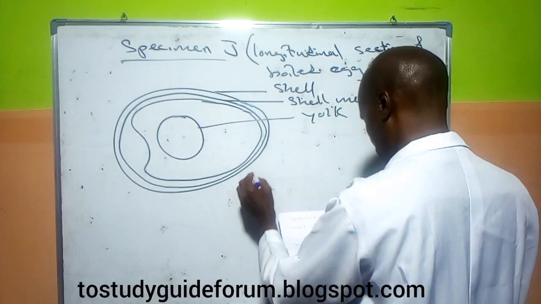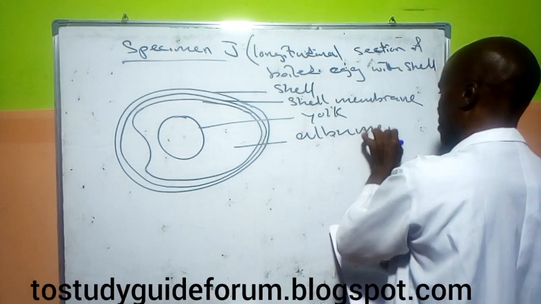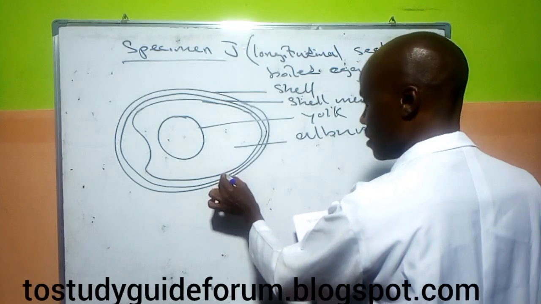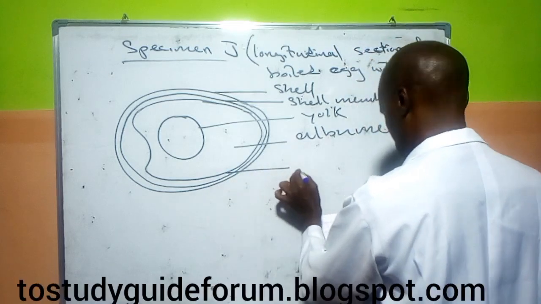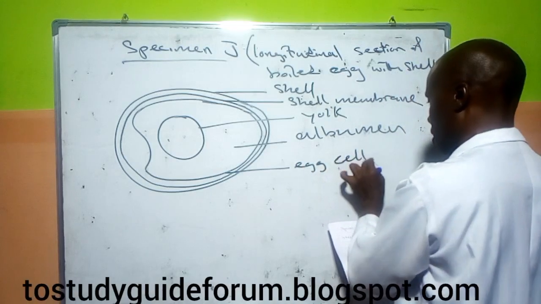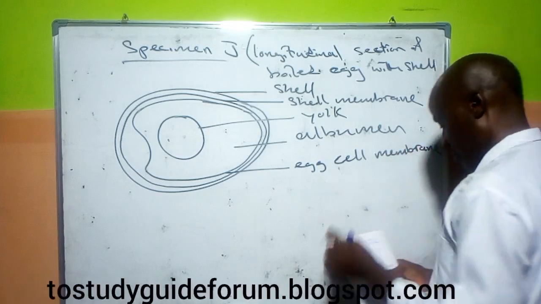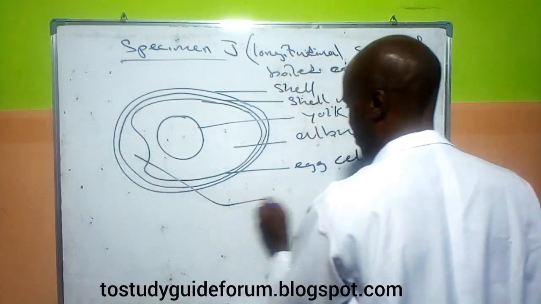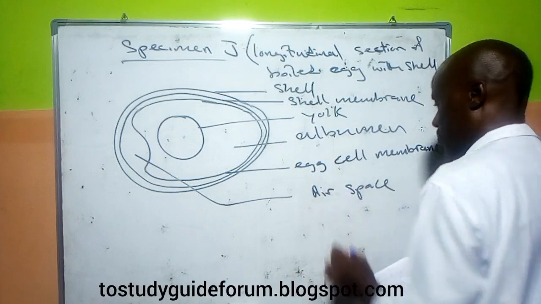The other one is the albumin. Then this other one is the egg cell membrane. Then this end of it is the airspace. This is the airspace.